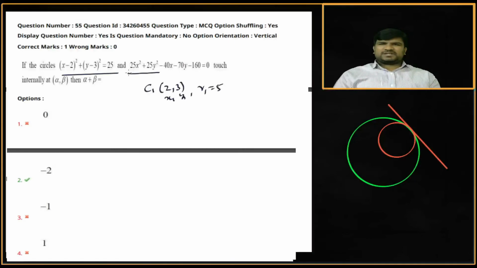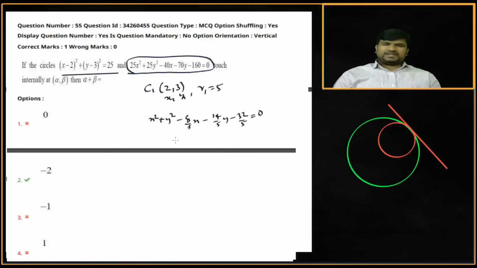Now for the second circle, if you divide the whole equation by 25, it becomes x square plus y square minus 40 by 25, which is 8 by 5 x, 70 by 25 is 14 by 5 y, and 160 by 25 is 32 by 5.